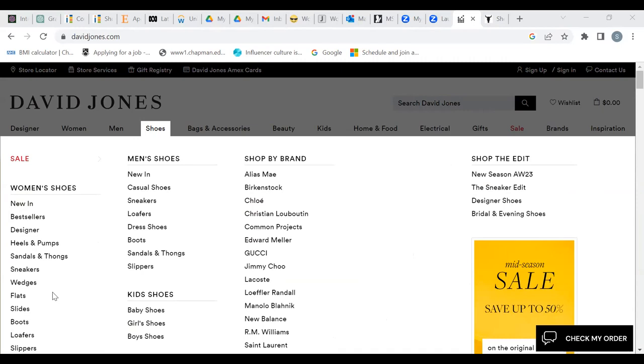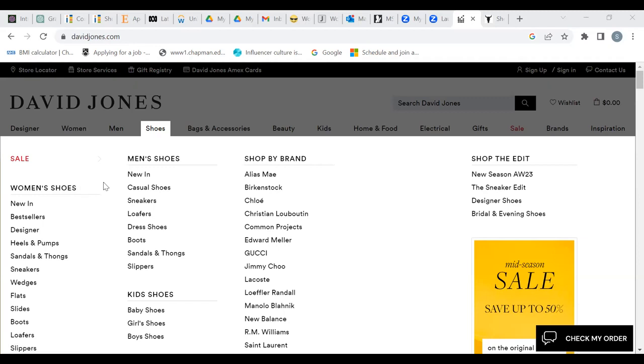Based on that, the most popular categories of products are advertised or listed over here. So this is the organization of a certain category on a website. Now, because David Jones is catering to both men and women, they are offering these two distinct categories.